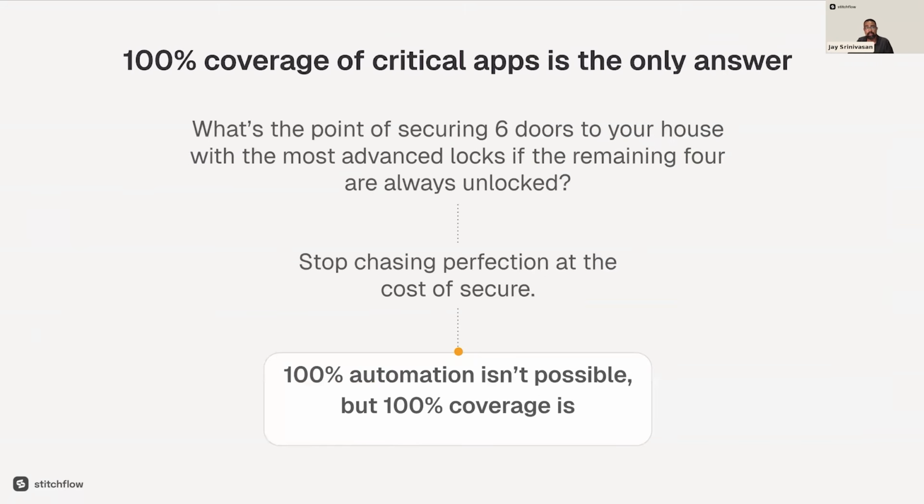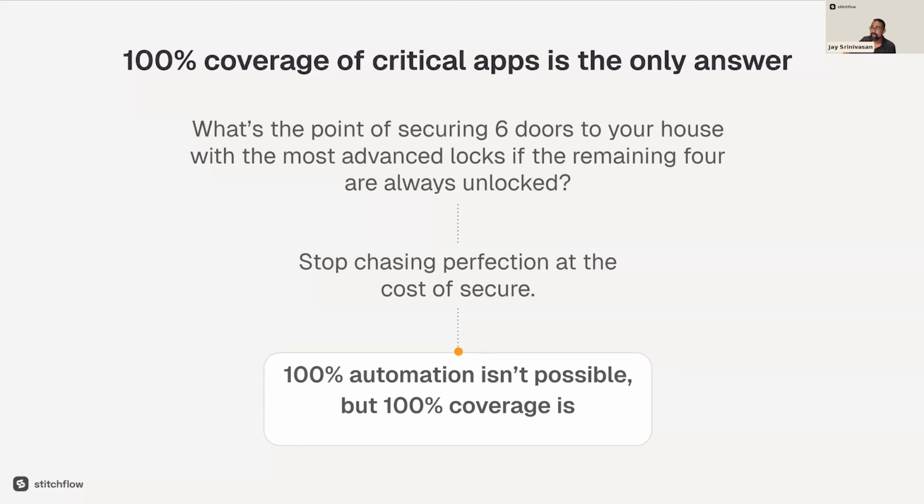Now, here is my fundamental belief about disconnected applications, which actually differs from how a lot of organizations deal with disconnected applications. Most people try to automate as much as they can. They try to mandate SSO and SCIM, and then that's their connected automated environment.